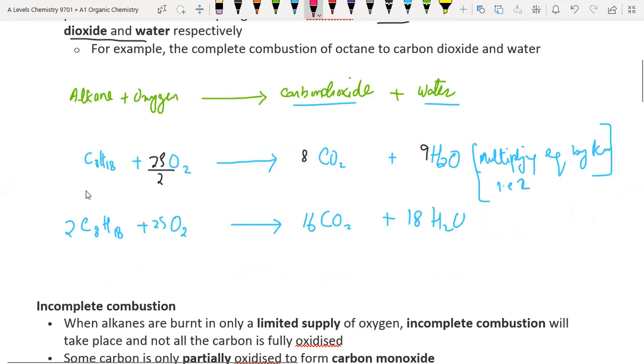This is octane, an 8 carbon hydrocarbon chain, and oxygen will give carbon dioxide and water. We are going to balance the equation. In the first step, the compound has 8 carbon, so we are producing 8 carbon dioxide.